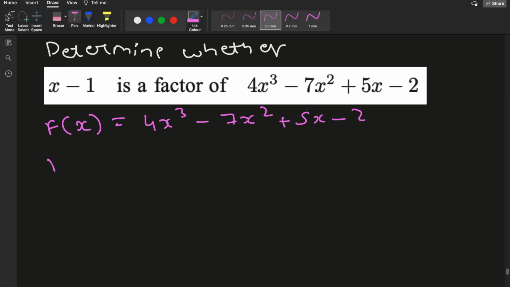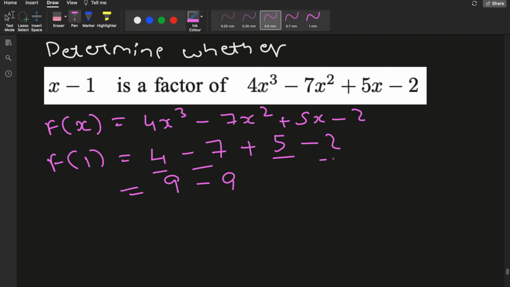So if f of 1 equals 0, that means it is indeed a factor. This is going to be 4 minus 7 plus 5 minus 2. This is going to be 9 minus 9. So 4 plus 5, 9, minus 7 minus 2, minus 9. So this is 0. So it is a factor.